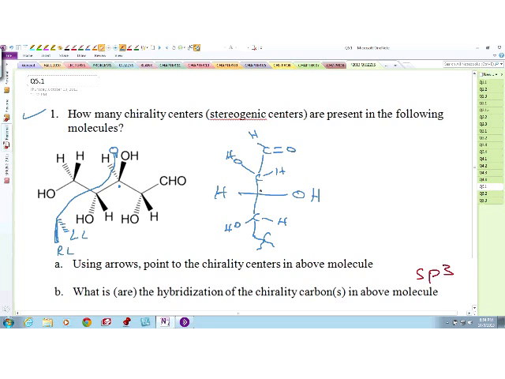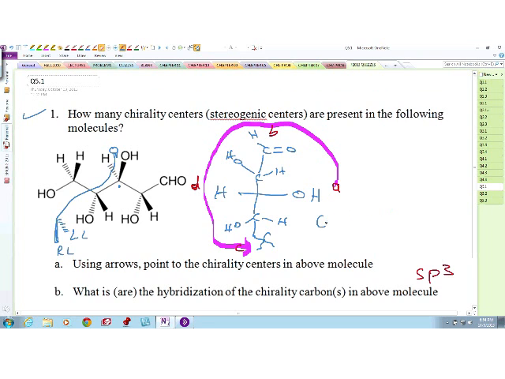Okay. So now, focusing on this carbon here, let us assign the priority. Priority, this is A, right? Which is B? On top? Okay. Therefore, this is C, and this is D. Okay. Now I make my motion from A to B to C. Ignore group D. And what is that motion?